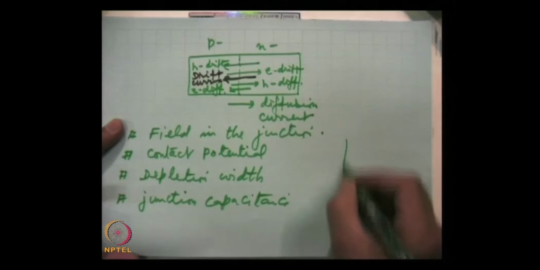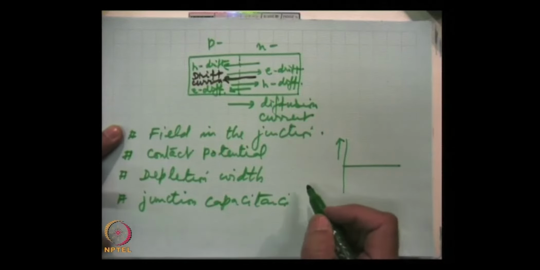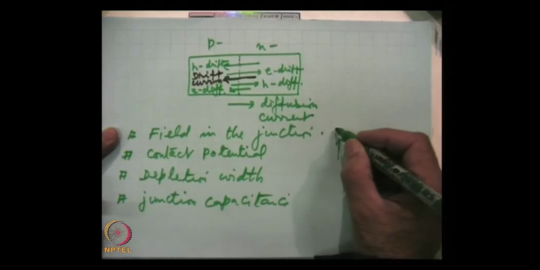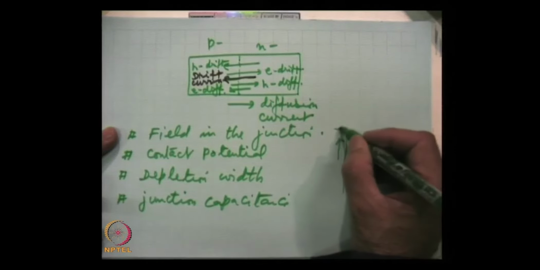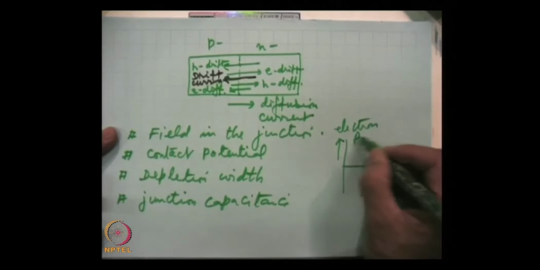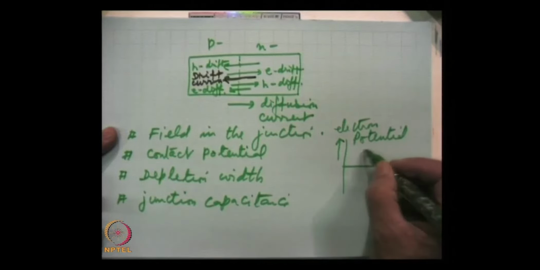Now, one more fundamental thing, which will be required for the further explanation. When we talk of electron energy and hole energy, the electron energy increases in this direction. This is electron potential energy.